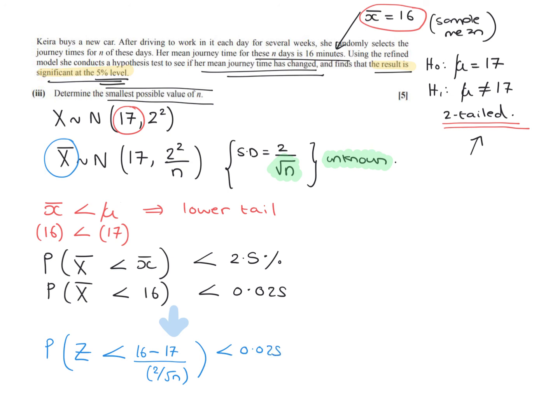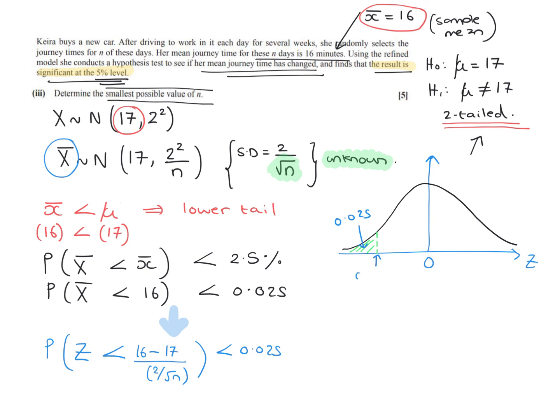Now, if I sketch that on a sketch of the z distribution, here's the mean of 0. It's a quick sketch. That means that what we're looking for is a region in the lower tail which is 0.025.